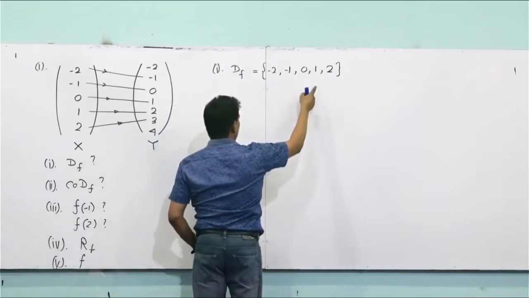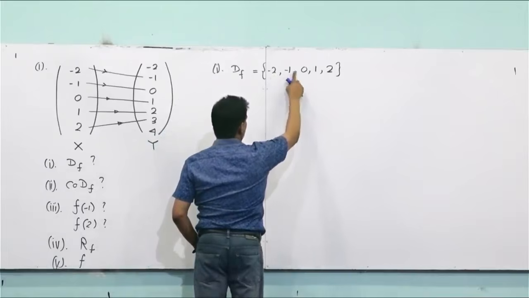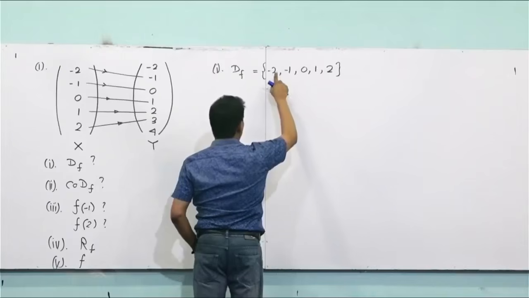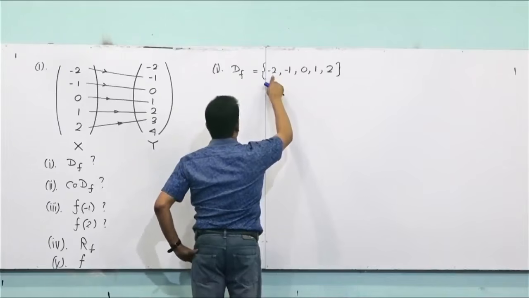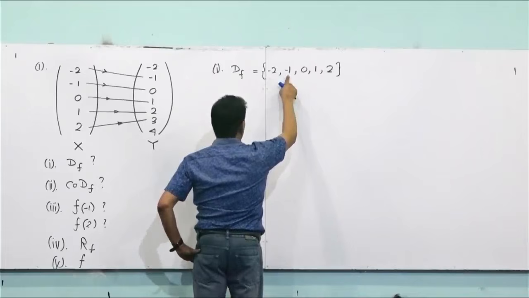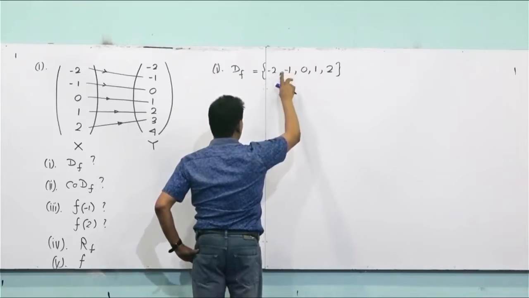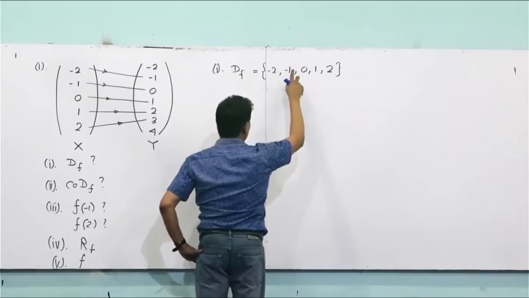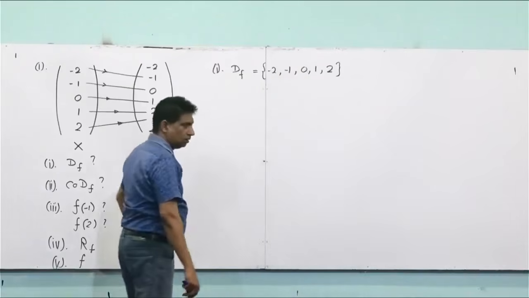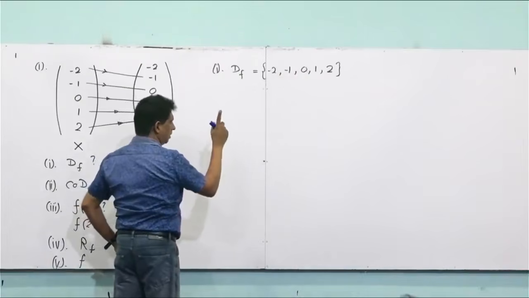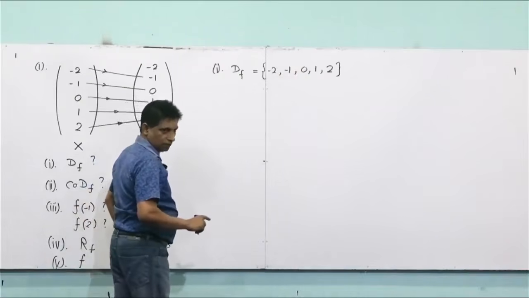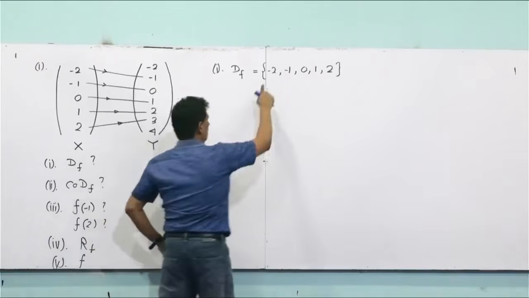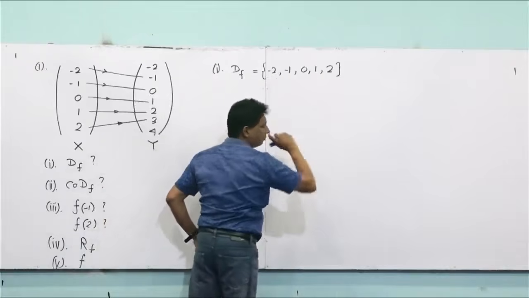When we write DF, you can interchange these elements. That means no need to write down first minus 2, then minus 1. It is not a question about position, right? You can't write same element again and again, no? These are basic rules of sets. If we write minus 2 here, then you can't write again minus 2, right?